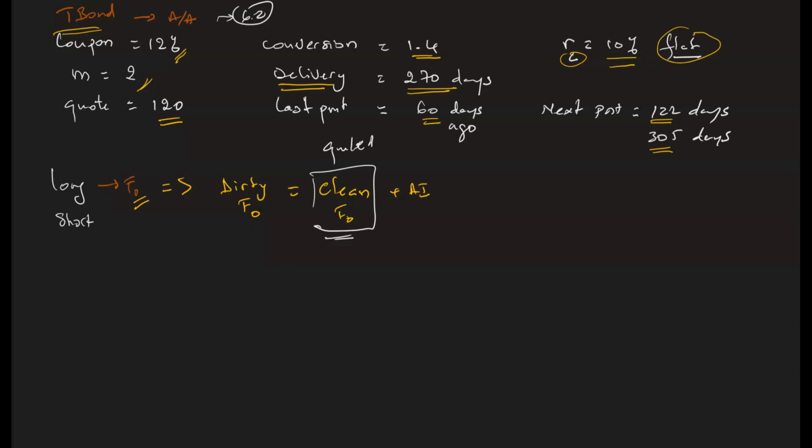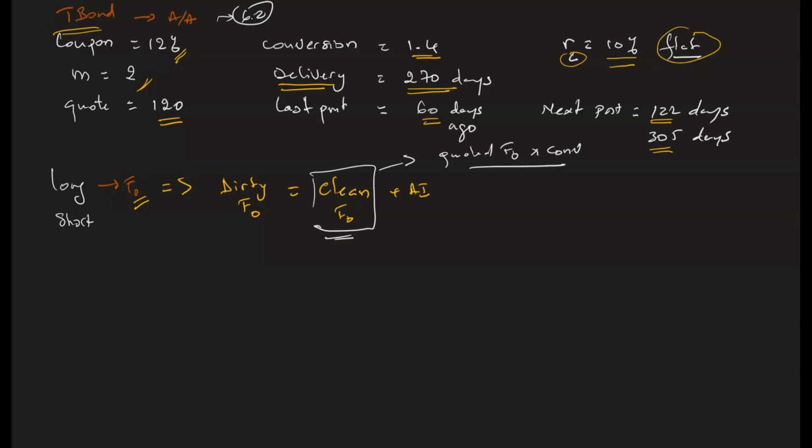That price is going to be computed as a function of the conversion ratio, so it is a function of our quoted futures price multiplied by the conversion ratio.